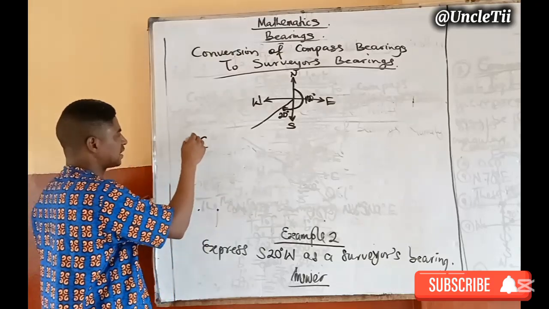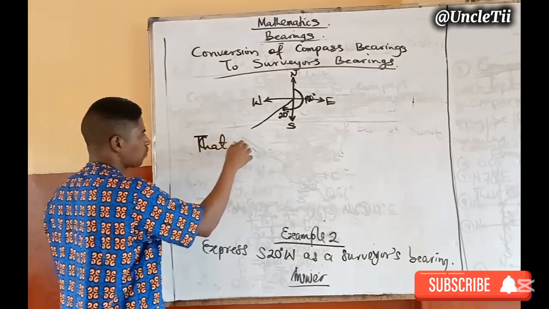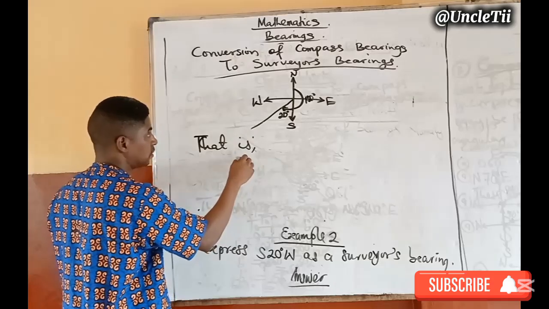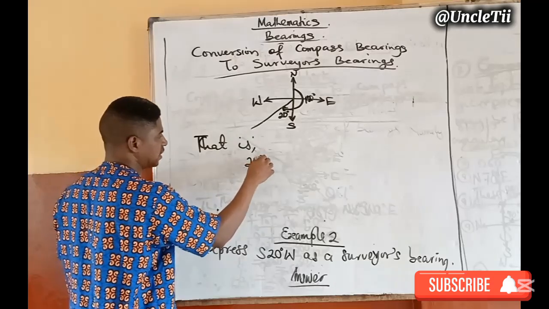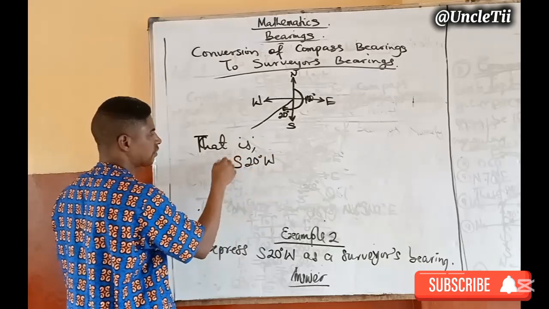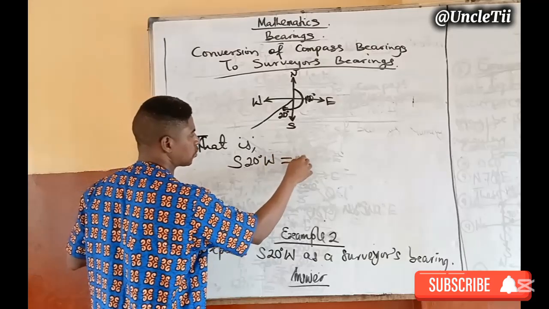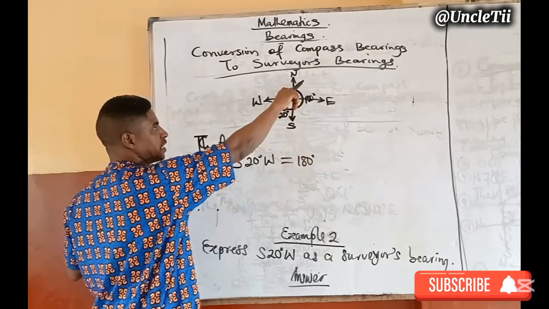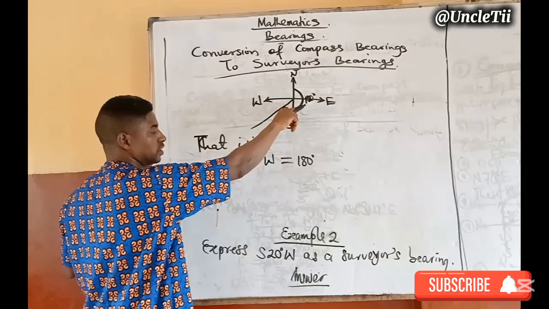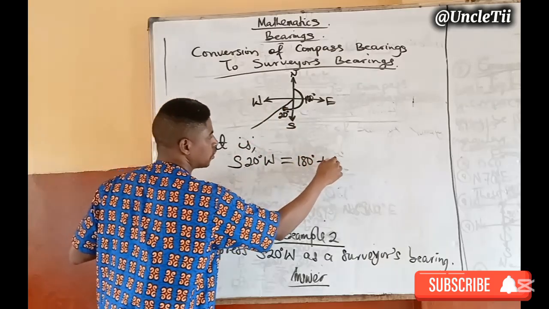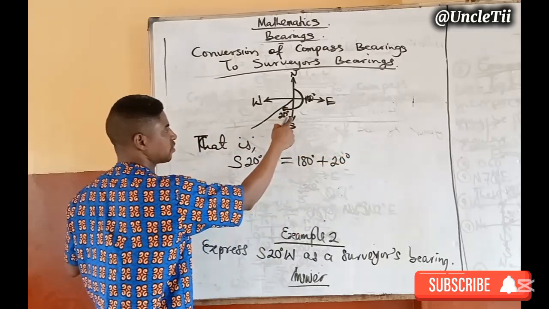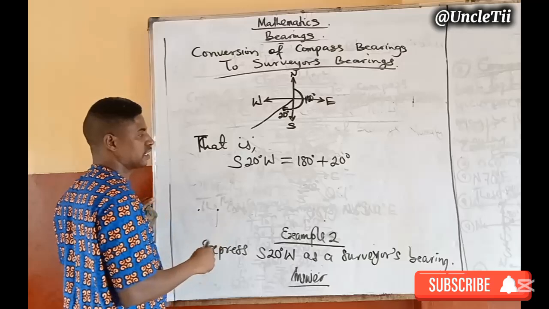So it means that 20 degrees west of south is equal to 180 degrees, the space from the north to the south, plus 20 degrees, the space from the south towards the straight line.